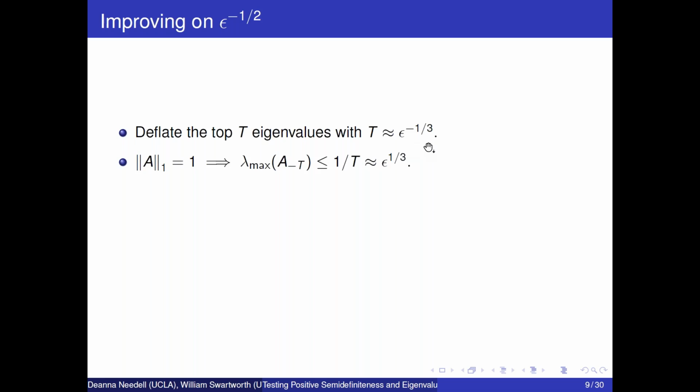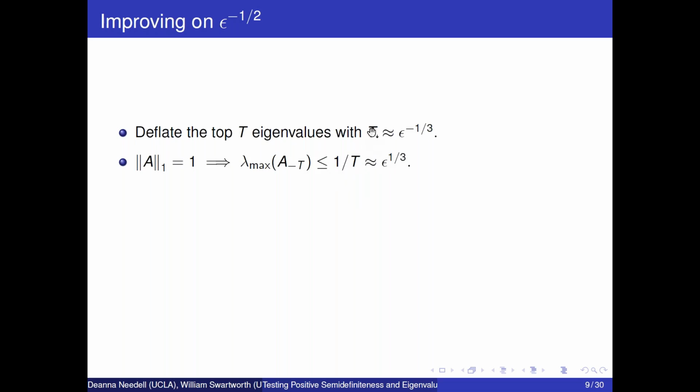If we were able to do that, then, well, we know that the original sum of absolute values of eigenvalues of A is 1. Okay, now after deflation, well, what could the maximum eigenvalue be? Well, we've removed the top 1 over epsilon to the 1/3 eigenvalues. Okay, now that means the remaining eigenvalues, their value can be at most epsilon to the 1/3, right?